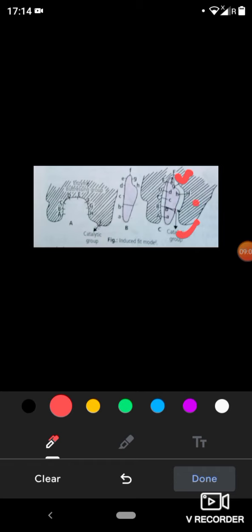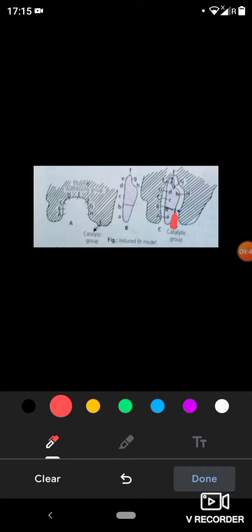So first there are two groups, one is the buttressing group, one is the catalytic group. The buttressing group is for the support of the substrate. When the substrate comes and binds to the active site, it comes in contact with the buttressing group, and the active site of the enzyme undergoes conformational changes. After that it brings the catalytic group opposite to the substrate.